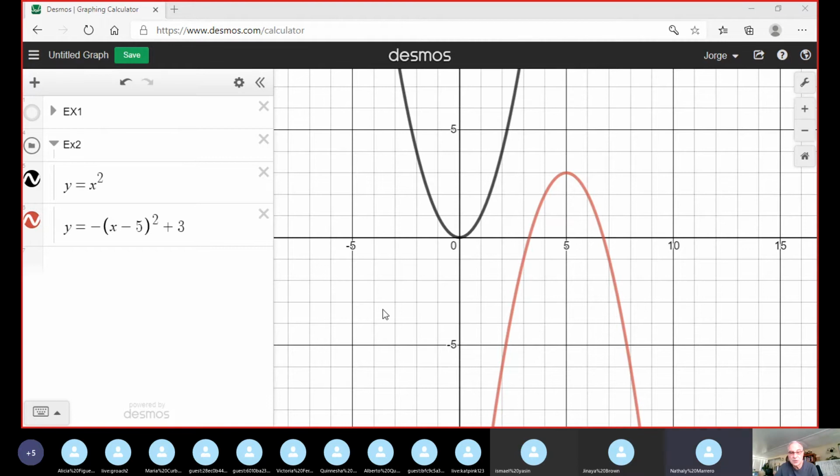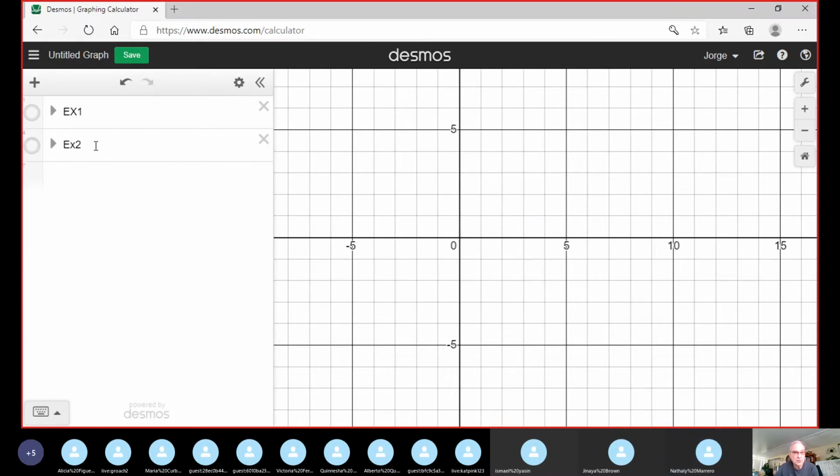Yes? Okay, I want to call it example 3. Are you familiar with the manipulation of Desmos? You click the plus sign, add items, create a folder, you put the name you want, example 3, and you start. And everything is condensed in the folder.